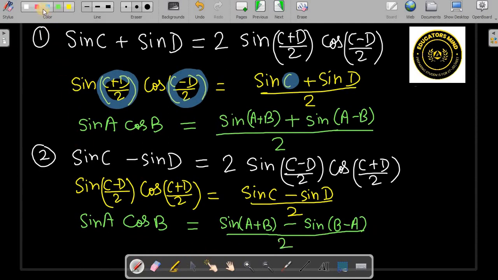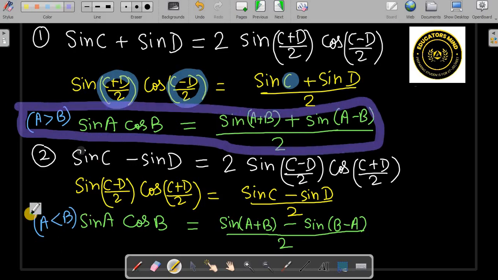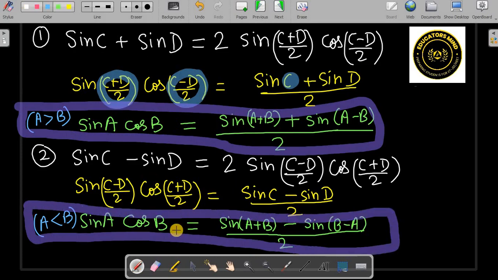Here you need to note there is a difference, because in the previous case you are taking A as (C plus D) by 2, so A is greater than B. And in this case, A is taken as (C minus D) by 2, so A is smaller than B. That's the difference. While using this formula, because both are products of sine and cos, you need to take care of which is greater and which is smaller. Then you can do it.